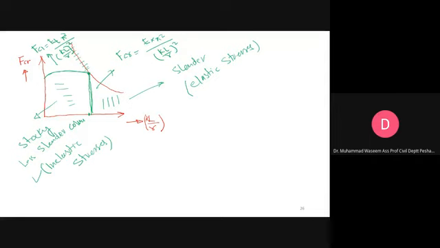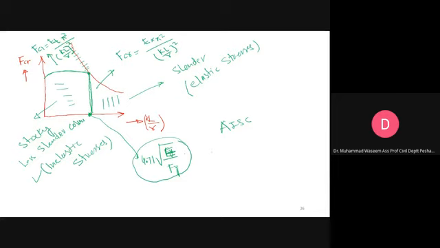Okay, please remember that. So we will see that the borderline between elastic and inelastic region can be approximated. The AISC code suggests that E by Fy, I think this is E by Fy, this point is 4.71.